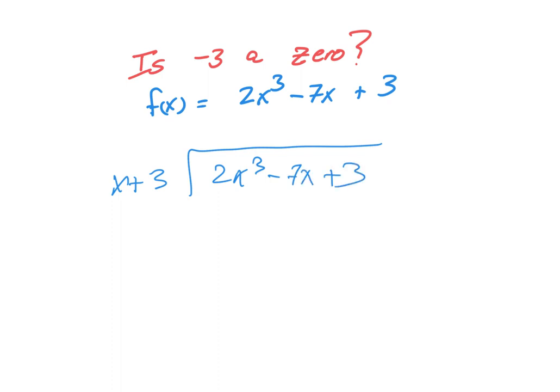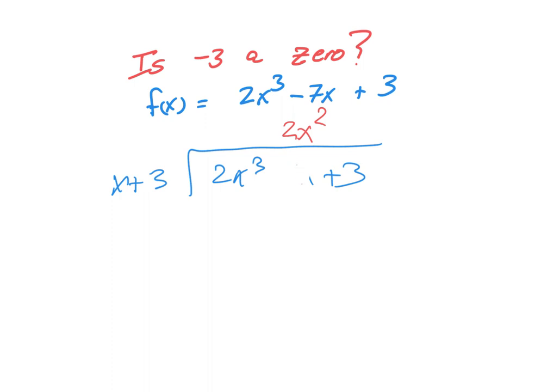To do that, just like we do in long division, how many times does x go into 2x cubed? It goes in there 2x squared times. But if you look at my original function, it doesn't have an x squared.